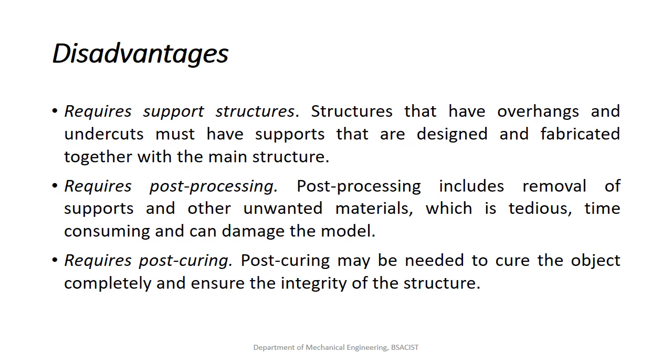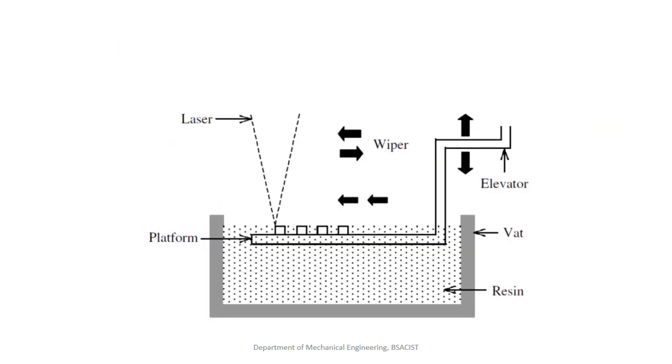So here we can see a setup of the stereolithography. You can see a mat over which the resin is placed, and there is a platform which can be raised and lowered by means of an elevator.